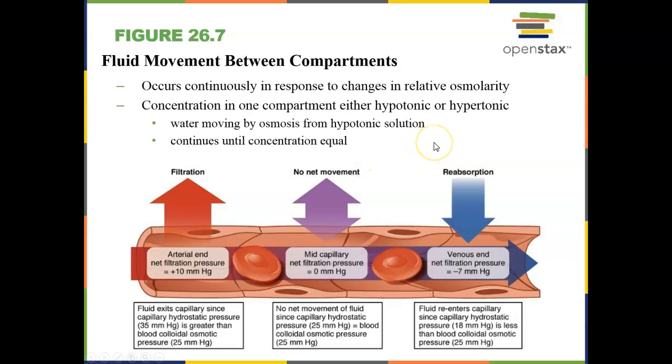Fluid movement then occurs between compartments. So you're always having fluid move from the cells to the plasma or from the plasma to the cells. And this is going to be dependent on the amount of solutes and the amount of water in each of those environments. So water moves via osmosis, solutes move via diffusion.